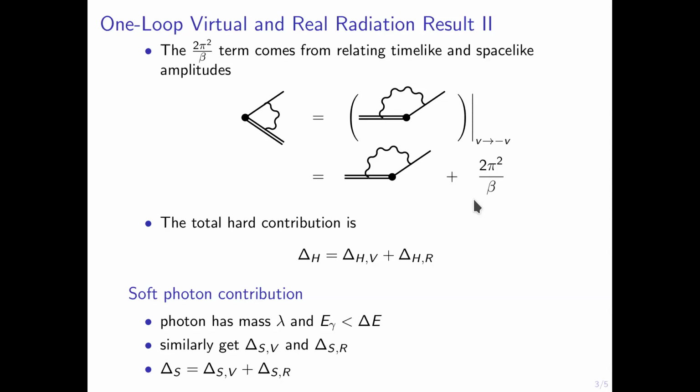So the total hard contribution is the sum of the virtual hard differential cross section plus the real hard cross sections. Similarly, we can calculate the soft photon contribution. We need to use a photon mass regulator, which introduces the photon mass lambda, and integrate over the photon energy less than the cutoff, delta E. Similarly, we can get the total soft photon contribution.